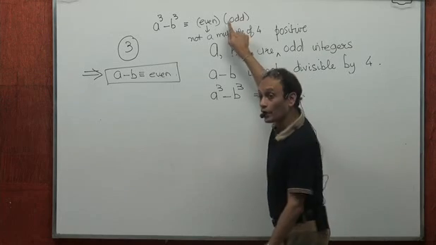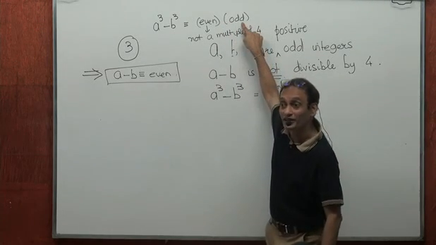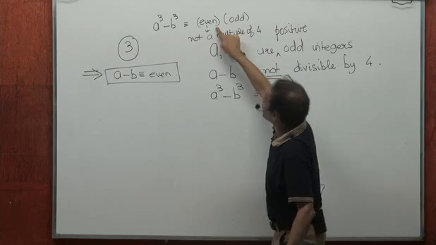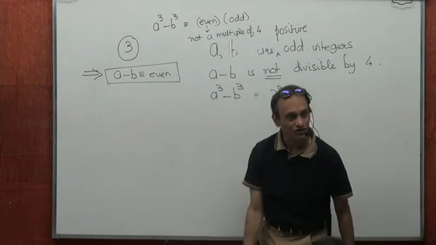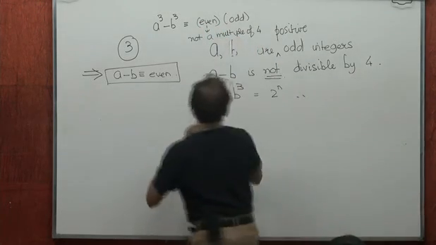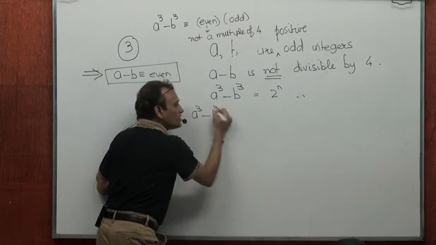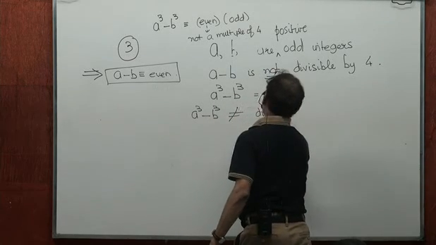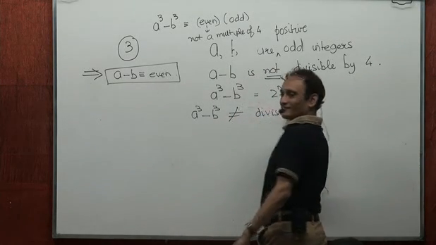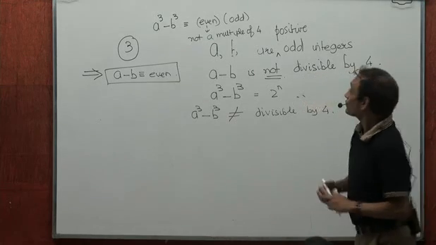Why? Because I hope you realize that this is an odd number. It will not contribute any 2 in the factor, and the other will contribute one 2 in the factor, but not two 2s. It will not be divisible by 4. Yes, absolutely. That means A cube minus B cube is not divisible by 4. Why?